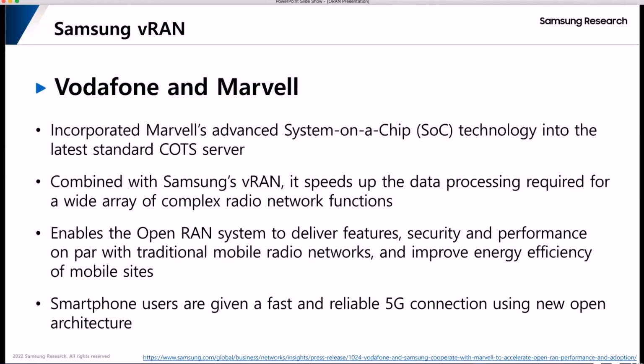This would enable the Open RAN to deliver features, security, and performance that is on par with traditional mobile radio networks, as well as improve the energy efficiency of these mobile sites. So this is just one example of how multi-vendor networks are possible in a commercial setting with Open RAN architecture. And it's also not just limited to the radio units or the software. It could even be with the servers that they would use to run the VDU and VCU.